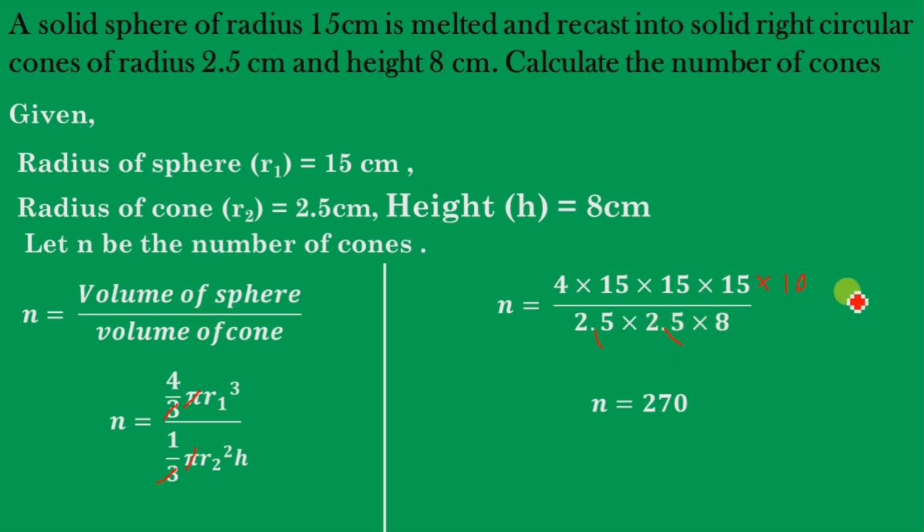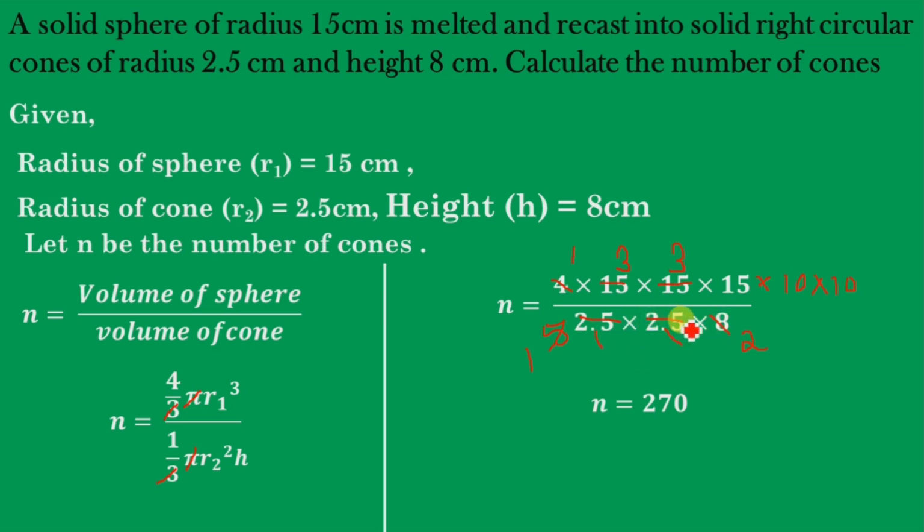This decimal will cancel, so I'll write 10 here. 4 1s are 4, 4 2s are 8. 5 5s are 25, 5 3s are 15. 5 1s are 5, 5 3s are 15.